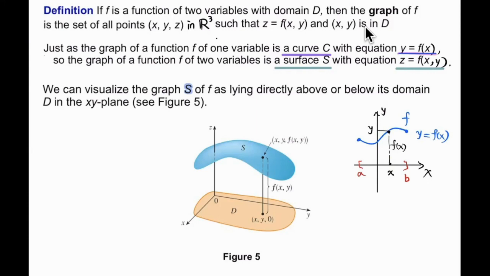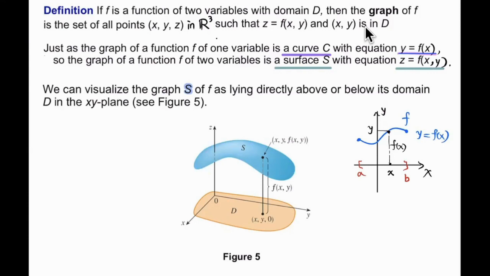Now, for a function of two variables, the domain will be a set D on this xy plane. So think about this set D over here. That's the domain of the function. And then you're going to map this region D to this set S over here in 3D.